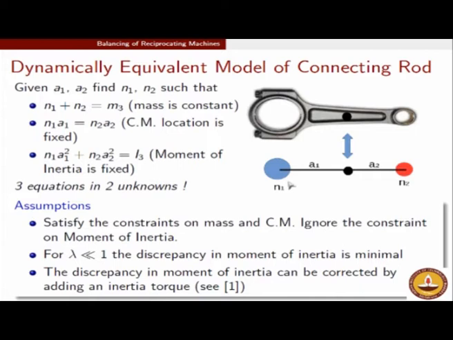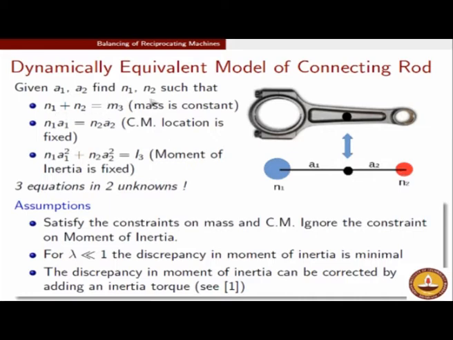So basically the only thing that you have at hand to choose is N1 and N2, but then there is no way in which you can satisfy three of these conditions by mere choice of N1 and N2, because A1 and A2 are given. Once you say that I want a simplified connecting rod which is as long as the actual connecting rod, A1 and A2 get fixed, right, because the center of mass is also the same. So this is A1 and this is A2.